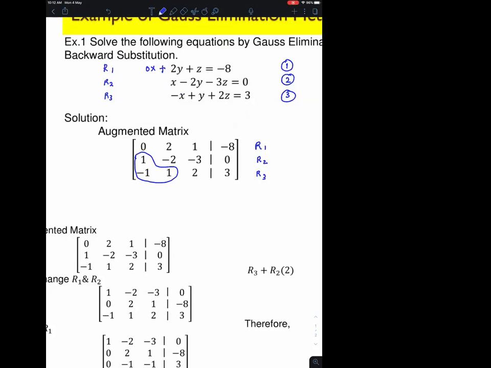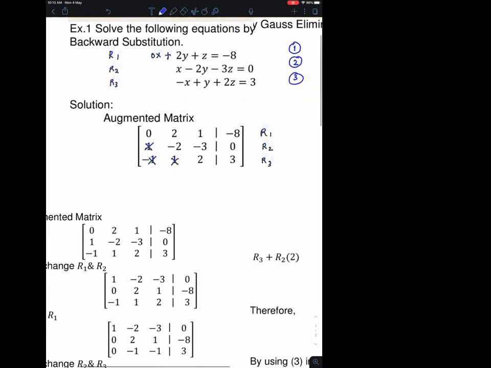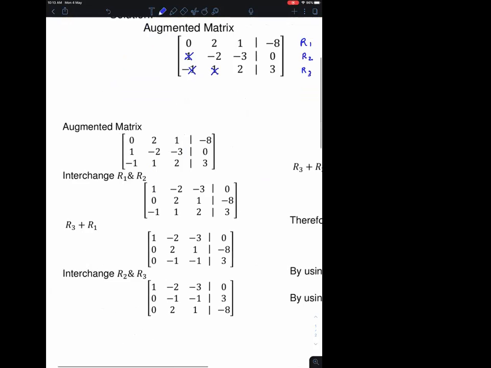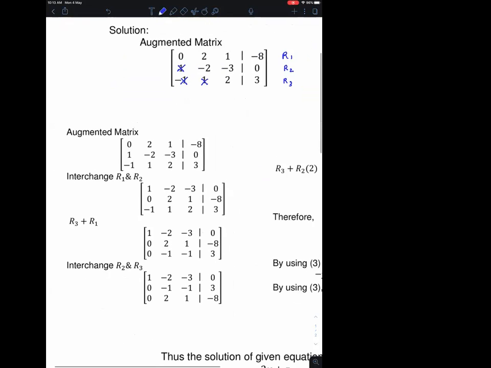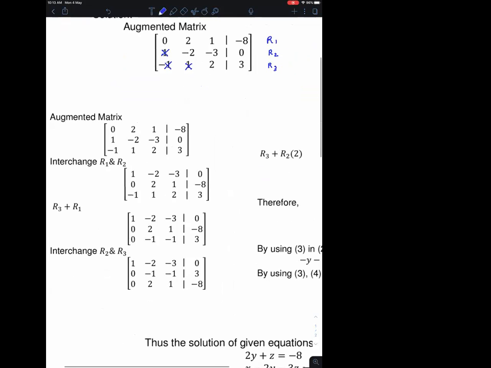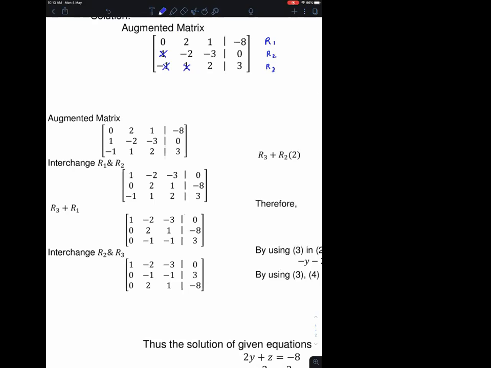Somehow we have to manipulate this equation, and then get rid of 1 and replace that with 0, get rid of -1 and replace that with 0, and get rid of 1 and replace with 0. So we go through a simple addition or subtraction of rows, or interchanging the rows.